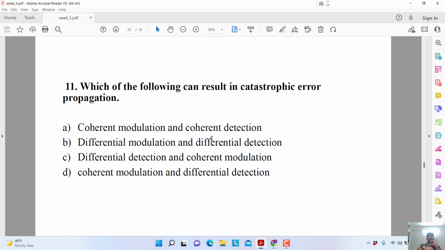Options: coherent modulation and coherent detection, differential modulation and differential detection, differential detection, and coherent modulation and differential detection. Please read the question and try to answer.